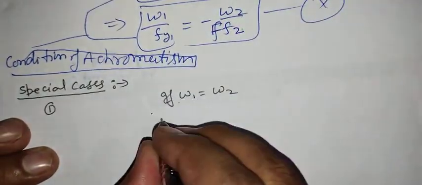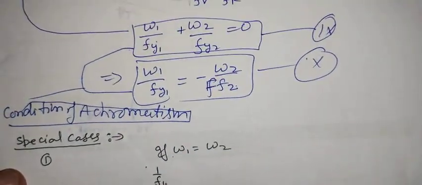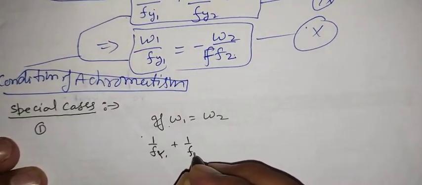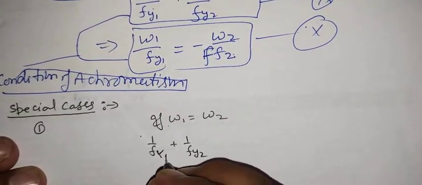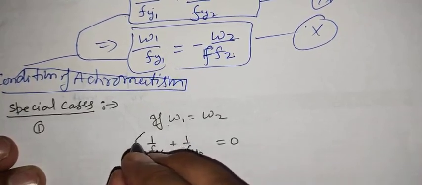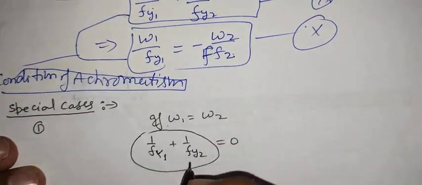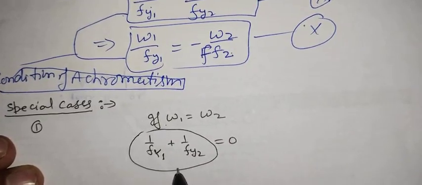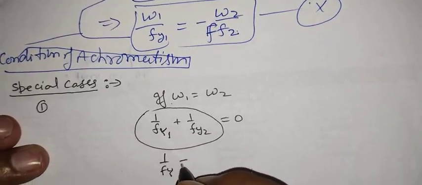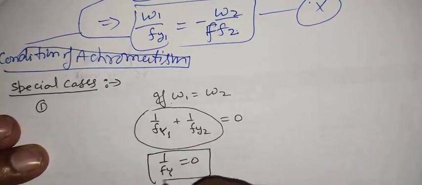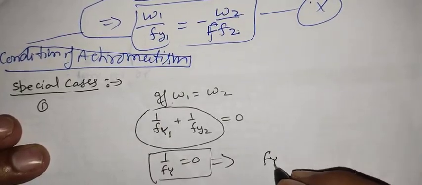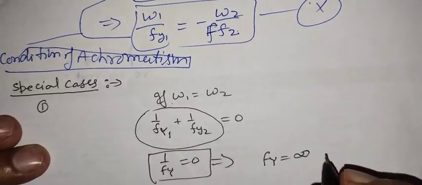See in equation 9, 1 upon fy1 plus 1 upon fy2 is equal to 0. So this average, combined, resultant focal length, 1 by fy, is equal to 0. What does this mathematical representation mean? This fy becomes infinite.